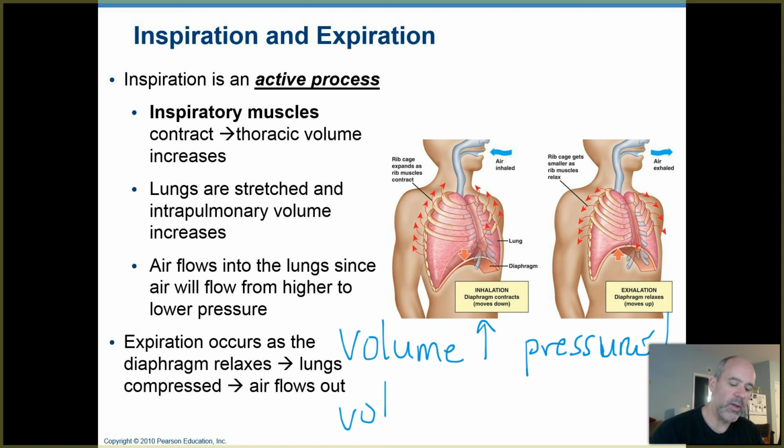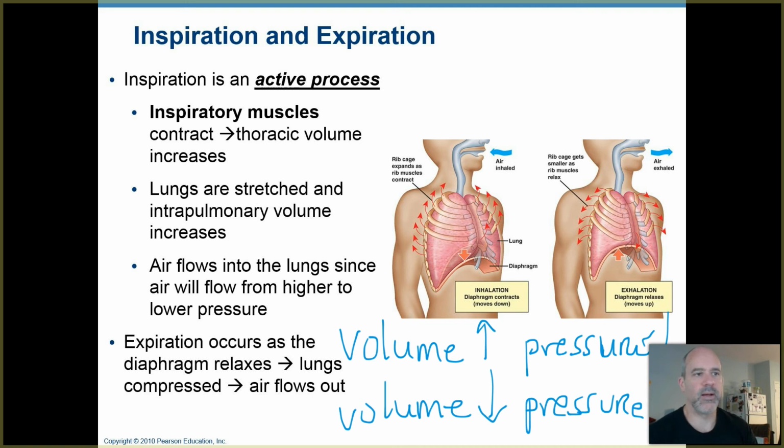If your volume decreases, pressure increases. That's called an inverse relationship. If one thing goes up, the other thing goes down. So think about it, that makes sense.